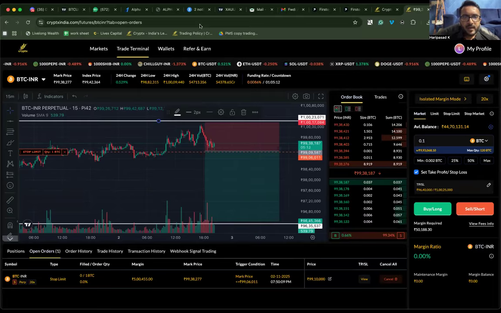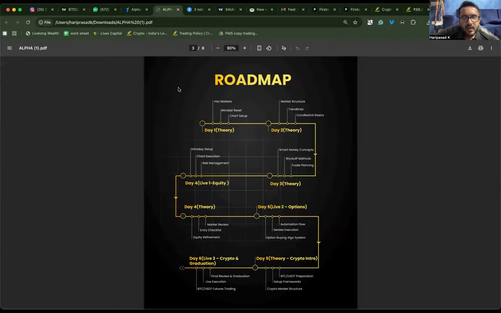In this particular mentorship that I'm going to be conducting, as I mentioned to you, you will be covered with theory of candles. We'll be discussing some smart money concepts, Wyckoff trading methods, trade planning, all those things are going to be covered. Correct. So over here, you will actually understand about price action, smart money concepts, how you can make use of Wyckoff concepts to improve your trading systems.